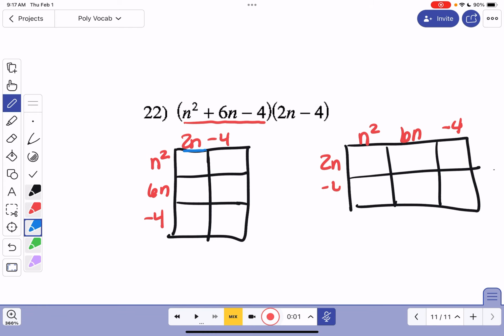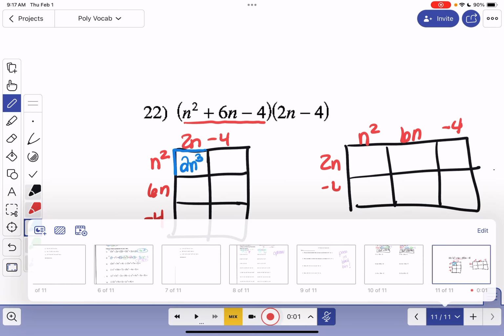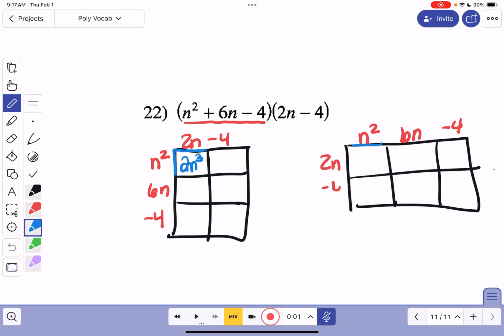So if I multiply here, 2n times n squared is 2n cubed. And that's going to be the same as what I'd get here, 2n cubed. Then negative 4 times n squared is negative 4n squared. And we'd have the same thing here, negative 4n squared.